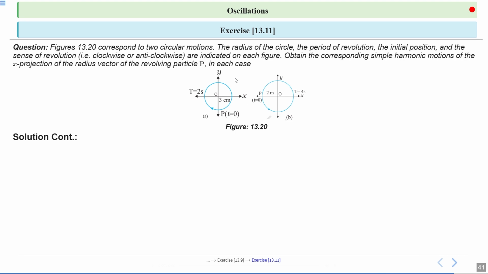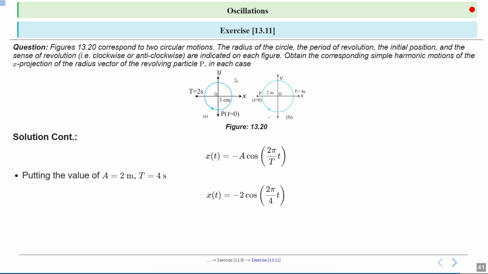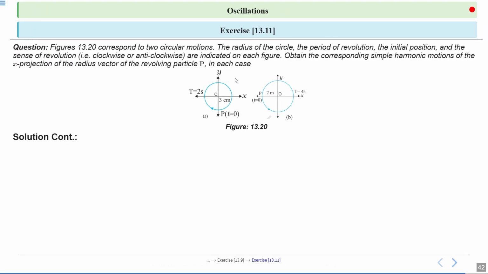Now x of t is equal to minus a cos 2 pi by T into t. So putting the values of A equal to 2 meter, T equal to 4 seconds, x of t is equal to minus 2 cos 2 pi divided by 4 into t.